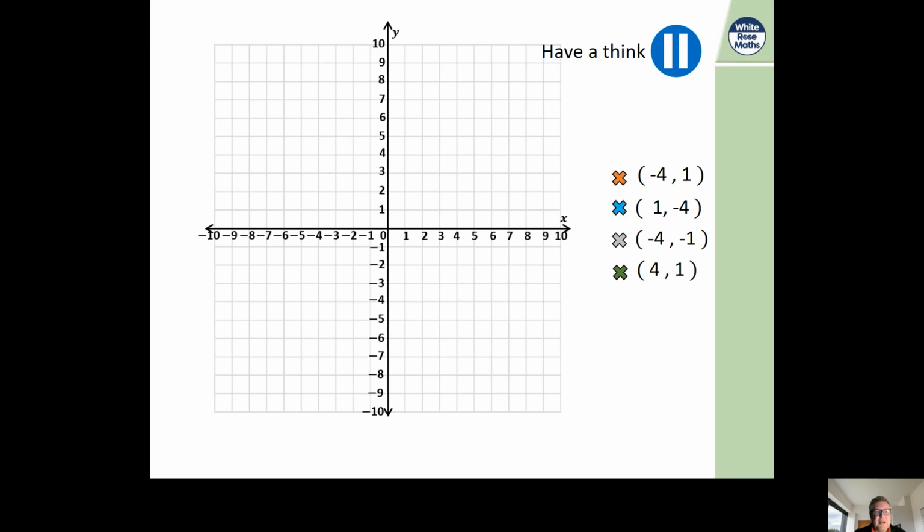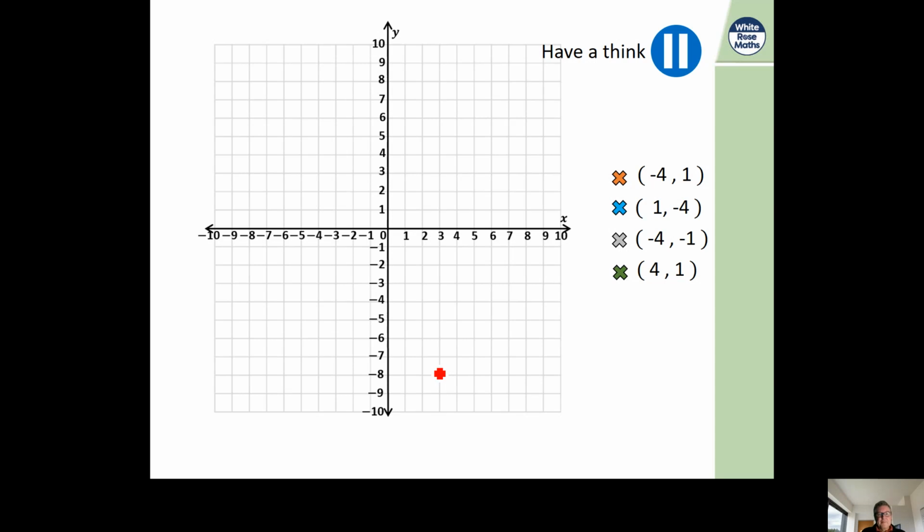If you're carrying on with me, or you've paused to have a go at step 1 and then you're rejoining, great to see you. Let's have a think. So you have a grid, a coordinates grid. You can draw that in your book, and you're being asked to plot 4 points.